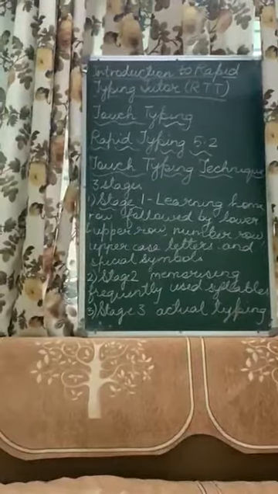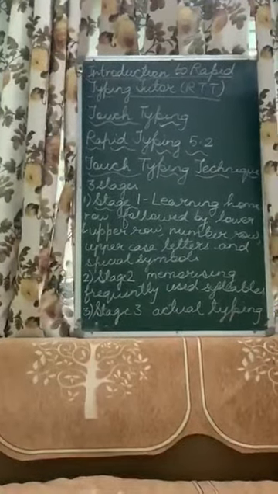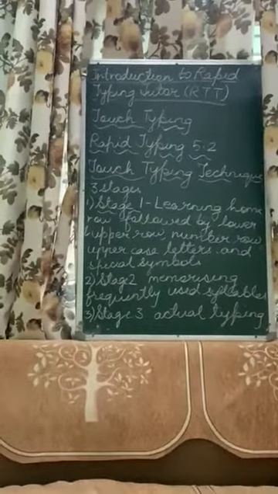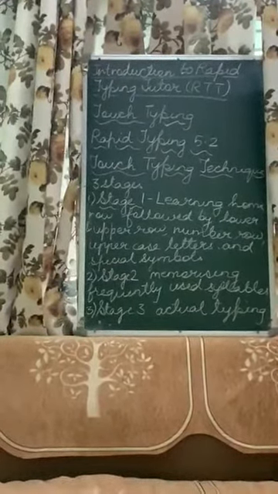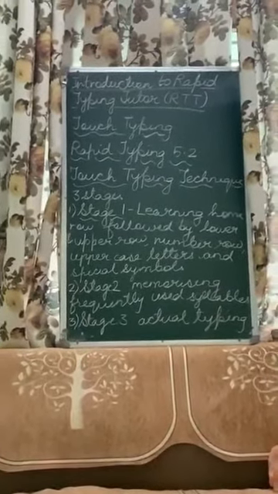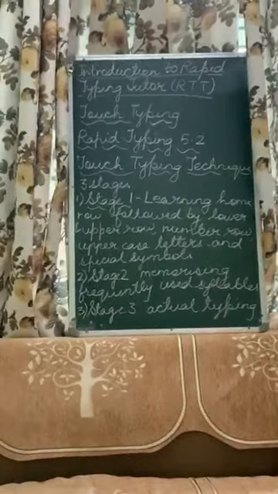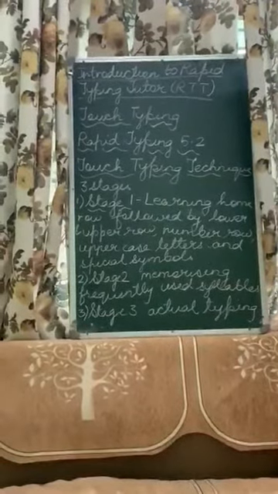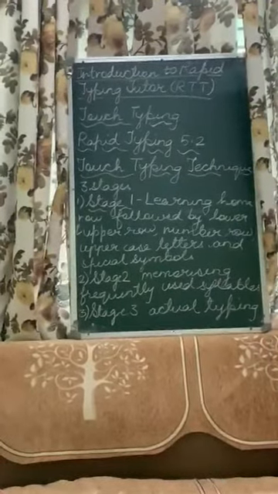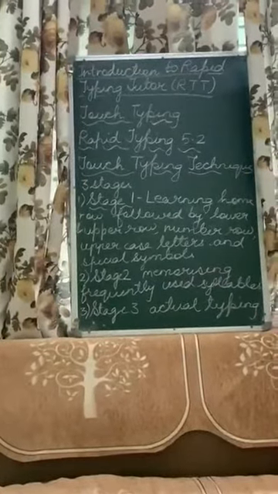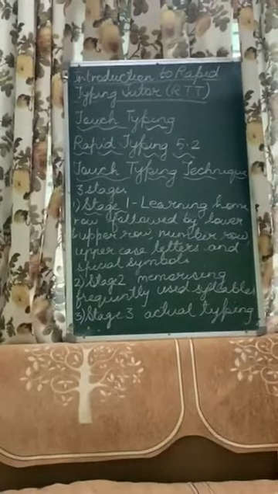For example, there is the word computer, and when you are writing any article on computer, you will be using the word computer again and again. So stage 2 involves memorizing the frequently used syllables and then typing those words that contain them.